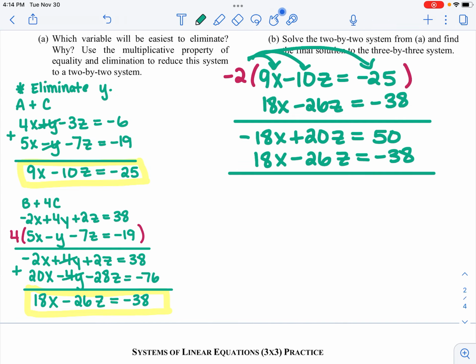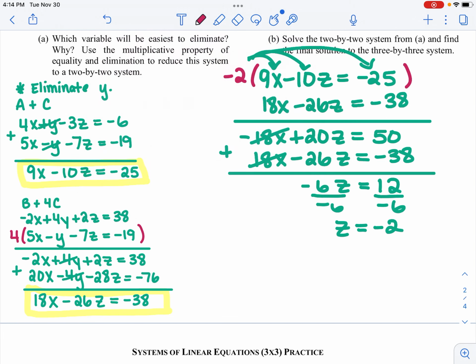And now I'm ready to add straight down. So my 18x and negative 18x will cancel. I get negative 6z, and this is equal to 50 minus 38, which would give me 12. Divide by negative 6, and we get z equal to negative 2.